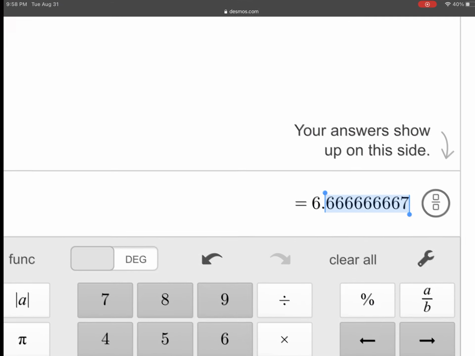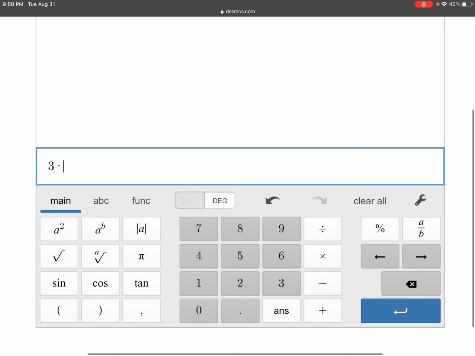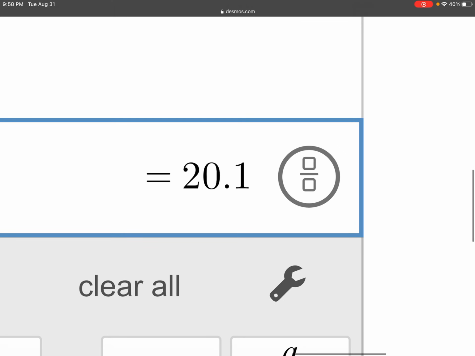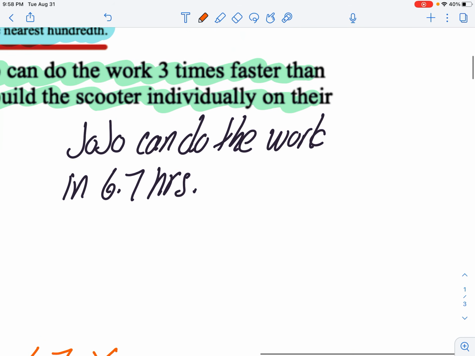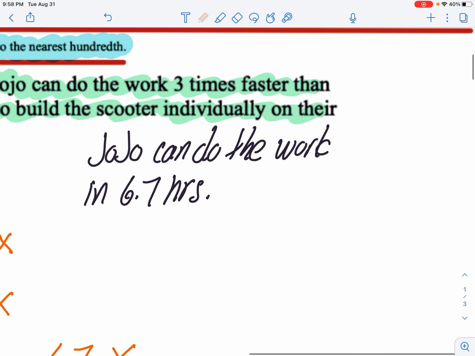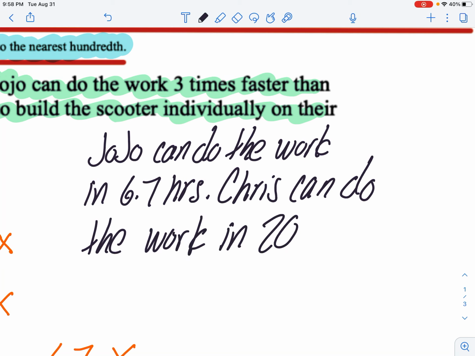And what is 3 times 6.7? Let's clear it up here. 3 times 6.7 is 20.1, or just 20, right? So, let's go back here. Chris can do the work in 20 hours.